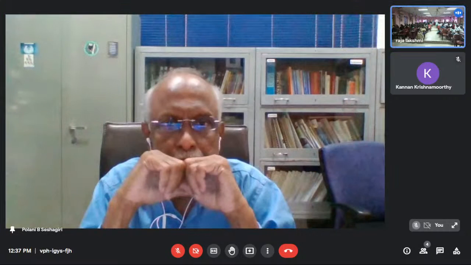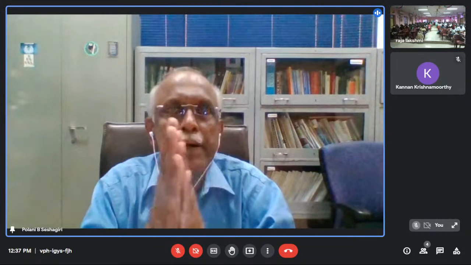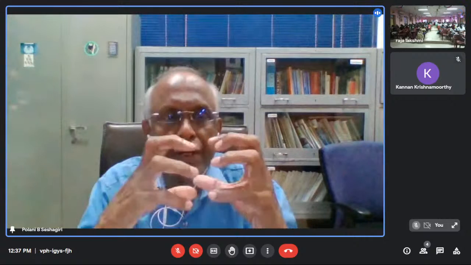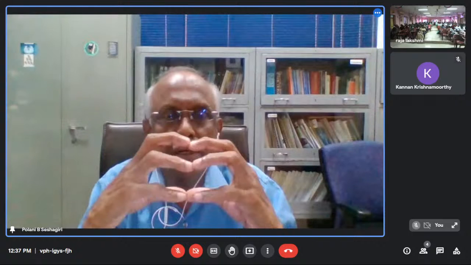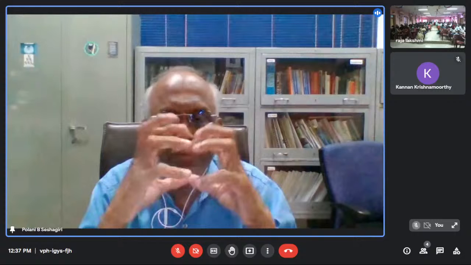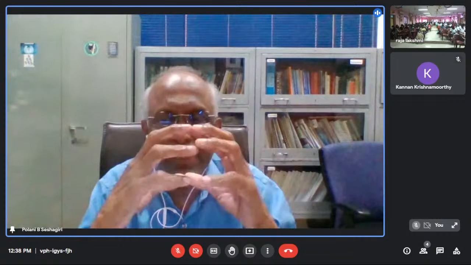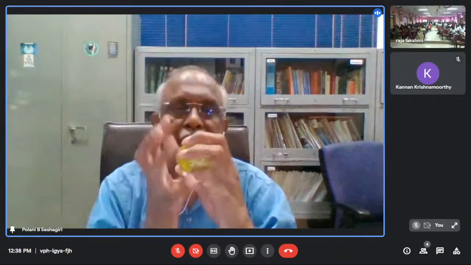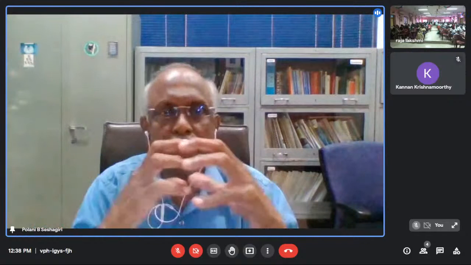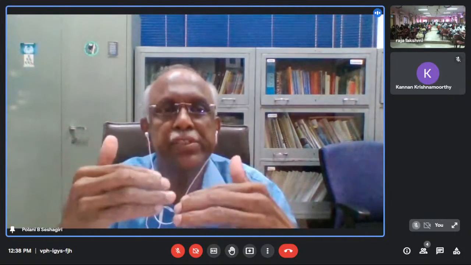So at which stage does cell differentiation take place? I mentioned in one of the earlier slides, after fertilization you have the zygote, and the zygote forms two cells. These two cells become 4 cells, 8 cells. Until then, there is no differentiation. But when there is a crowding of cells within the zona pellucida, the outer case, the cells are jostling with each other, and that is the initiation of differentiation.